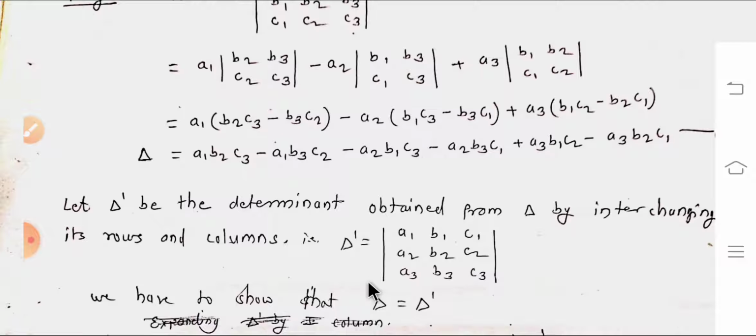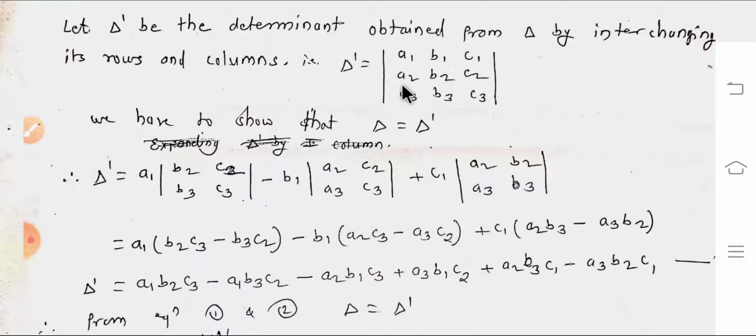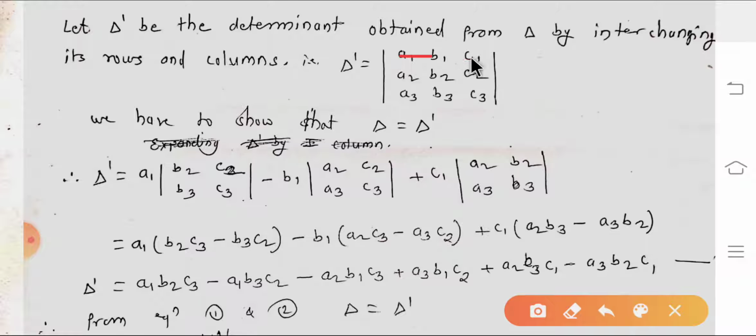So delta dash, again by expanding by row, we get a1 into the determinant of, neglecting that row and column, the remaining elements b2 c2 b3 c3, minus b1 into the determinant of, neglecting this row and this column, a2 c2 a3 c3, plus c1 into the determinant of, neglecting this row and this column, the remaining elements a2 b2 a3 b3.